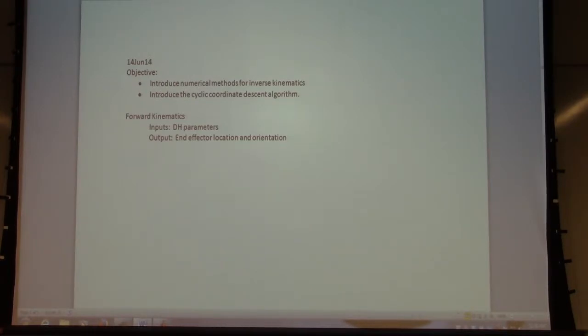Exactly one, right? So for the forward kinematics, there is exactly one solution to any set of inputs. And therefore, we say that it's a linear system. Okay, we put in an input, we get an expected output out of that.